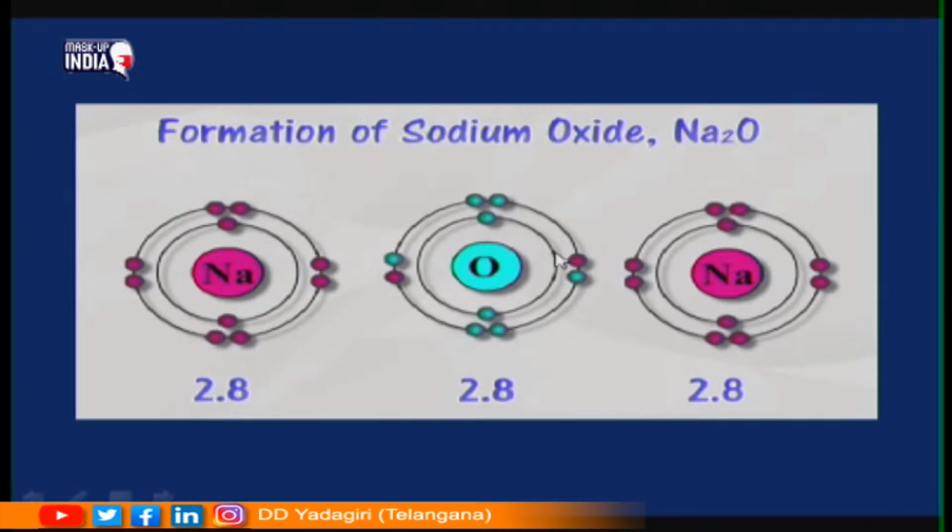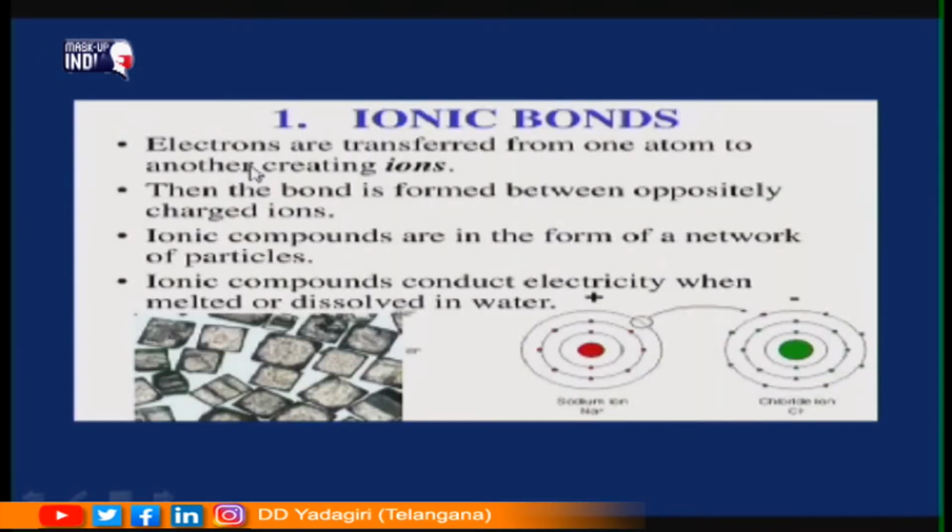So, the type of bond present here is ionic bond. Children, in ionic bond, electrons are transferred from one atom to another, creating ions. The bond formed between the oppositely charged ions is ionic bond. And ionic compounds conduct electricity when they are melted or dissolved in water.